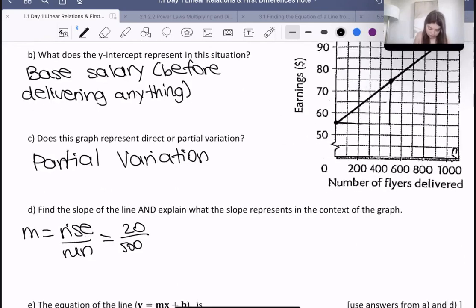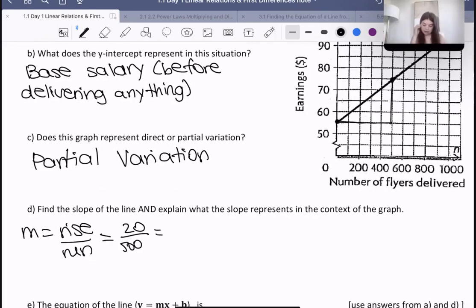So this is going to give us how much money she earns per flyer. I'd imagine it's probably not that much per flyer. Let's see, 20 divided by 500 is 0.04. So that means she makes 4 cents for delivering one flyer. So after a whole neighborhood, she's made a few dollars, which is good, but one flyer barely gets her anything.